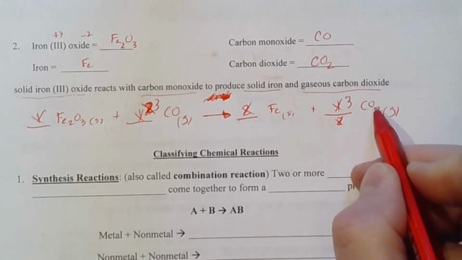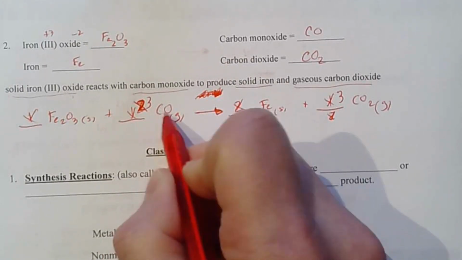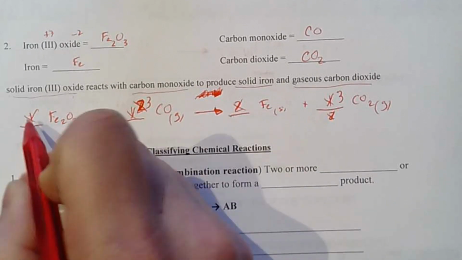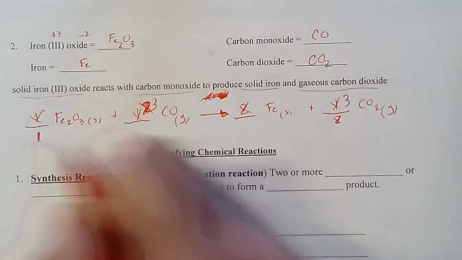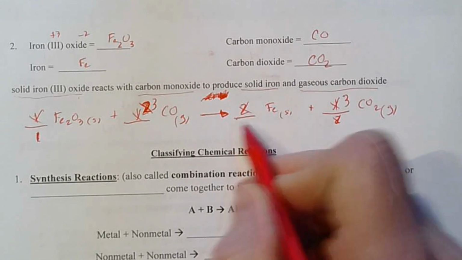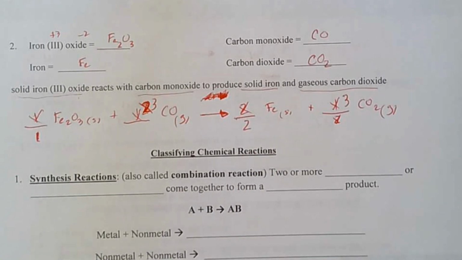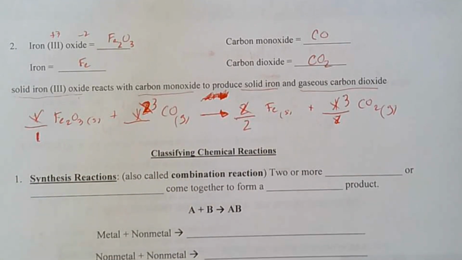I've got 6 oxygens here. I've got 3 oxygens taken care of here. So I've got 3 oxygens left over, so I can put a 1 here. And that means I can balance this with a 2. So my coefficients would be 1, 3, 2, and 3.